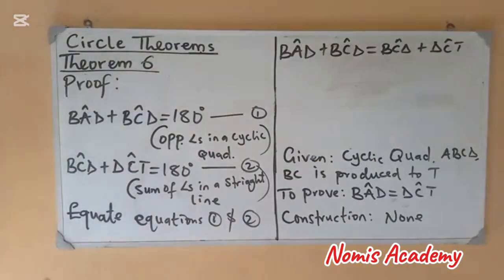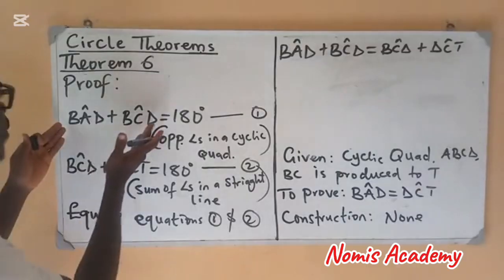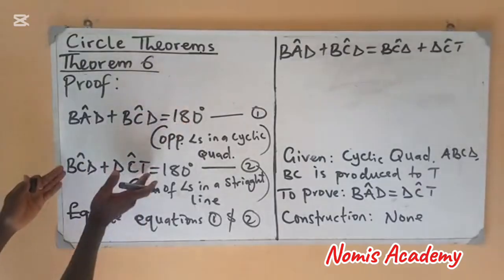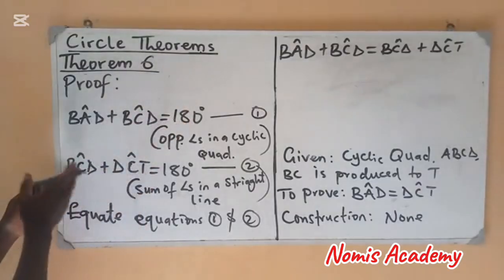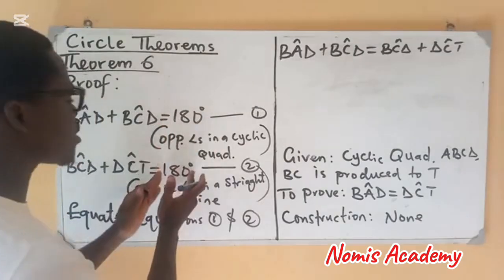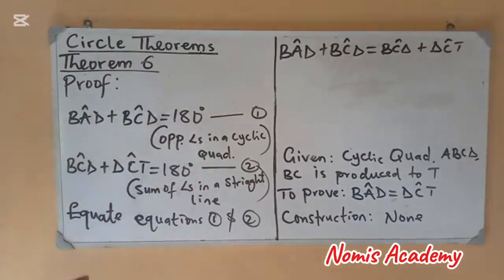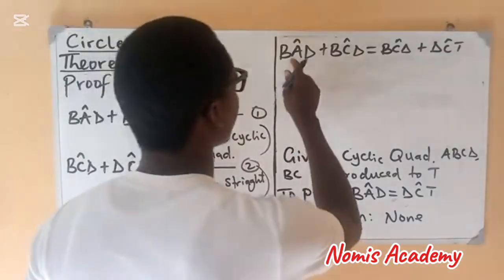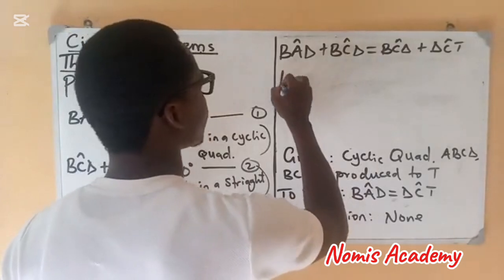Okay, so we agree that the left hand side of this equation is also equal to the left hand side of this equation, since the right hand sides are equal. So we have this. Now we can take this to the other side.